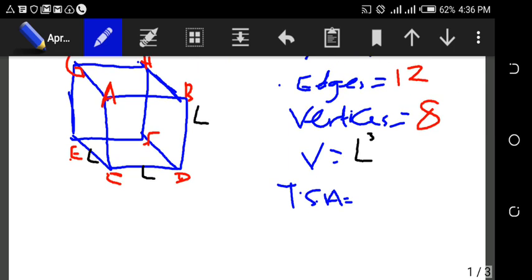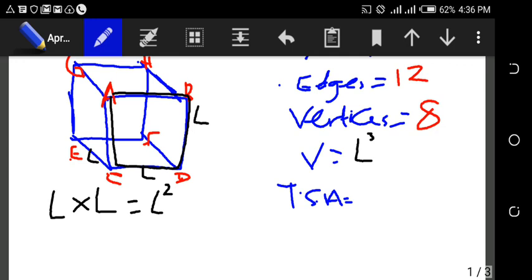From our diagram here, the area of a square is given by length times breadth, and in this case the length is L and the breadth is still L. So for the area of, say, the face ABCD, the area would be the length times the breadth, which is still L. That will give us L squared.